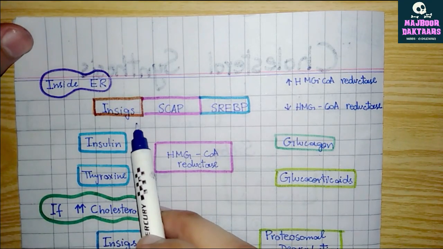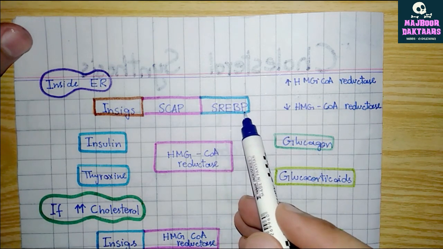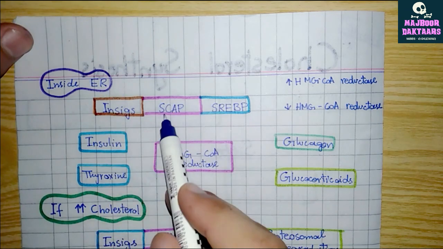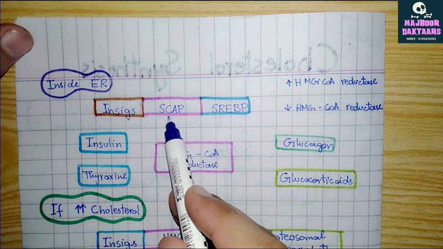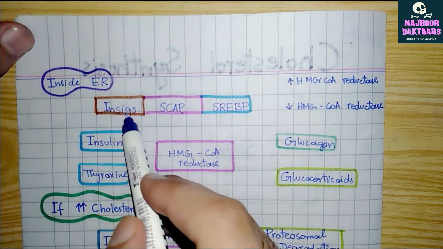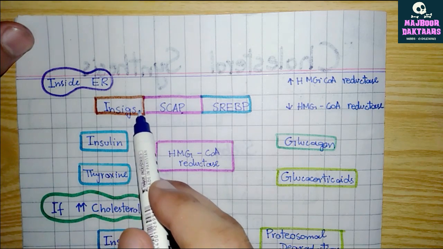Regulation of sterol involves the sterol regulatory element binding protein, SREBP. This is present inside the endoplasmic reticulum combined with the SREBP cleavage activating protein and the INSIG protein, which is a gene product of insulin action.